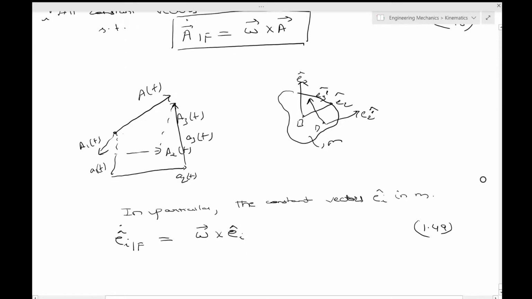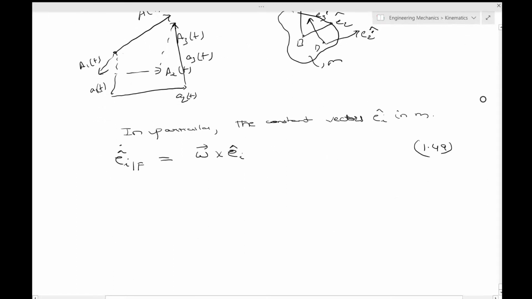So let's now move and see the consistency of the definition of omega. Okay, proof of consistency of definition of omega.